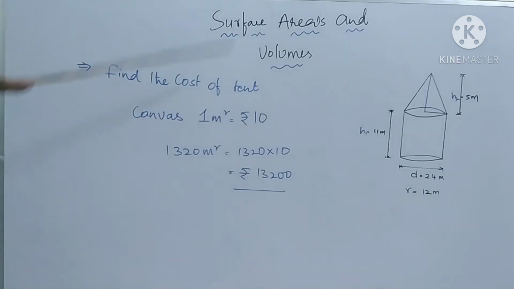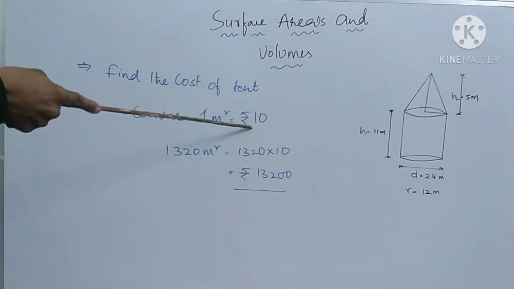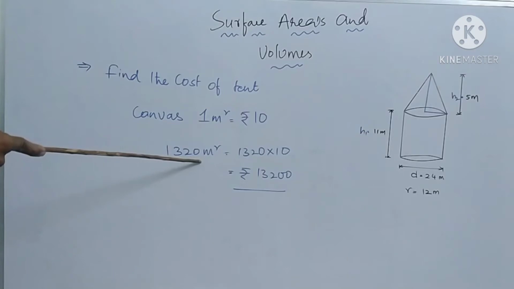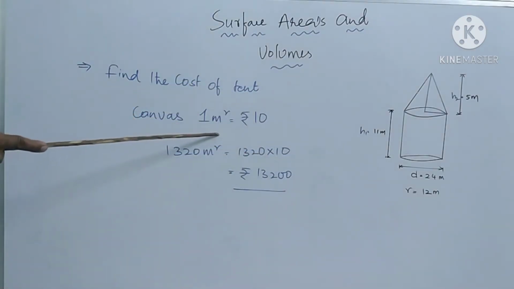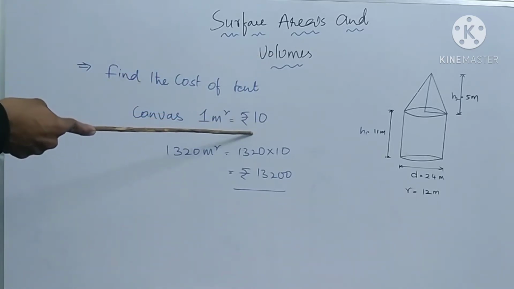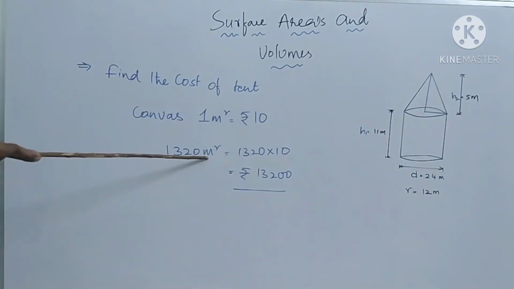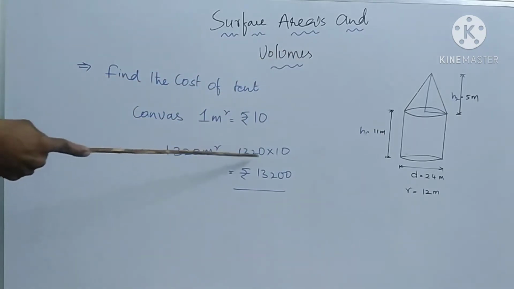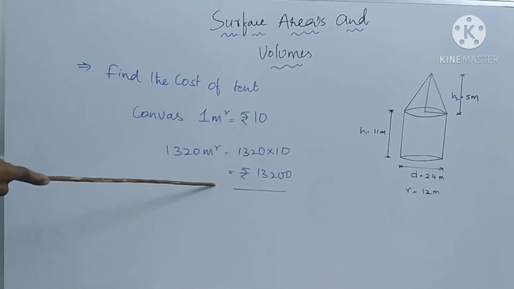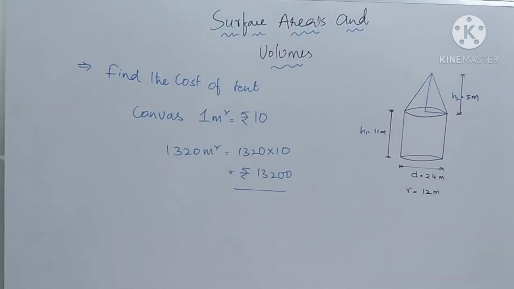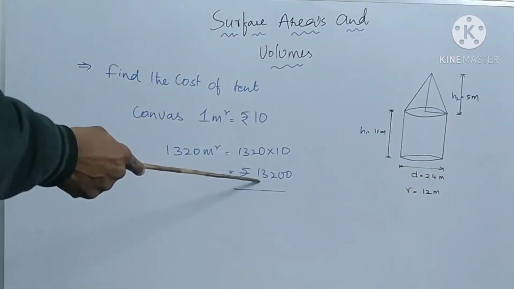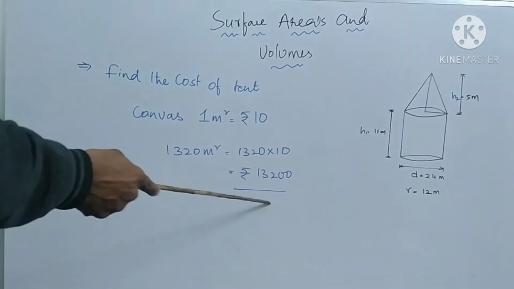So for 1320 meter square, the cost is 10 into 1320, that is equal to 13,200 rupees. So the cost of the canvas to make the tent is 13,200 rupees. This is the final result.